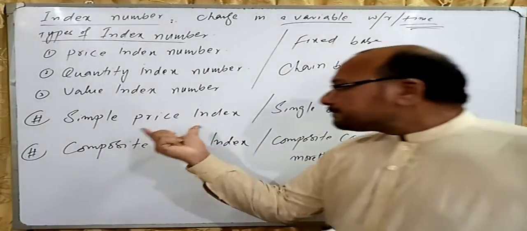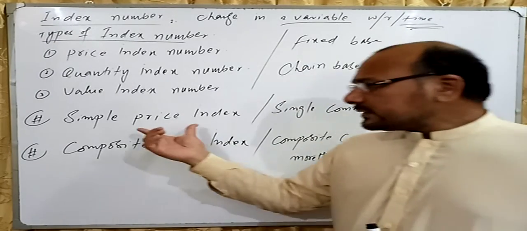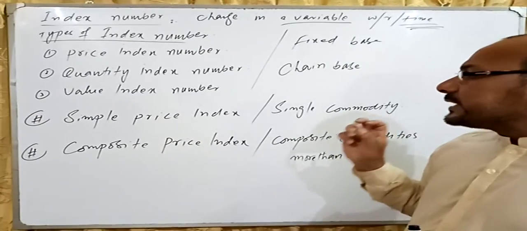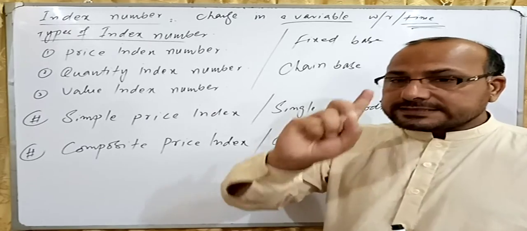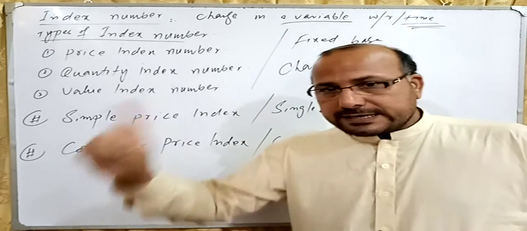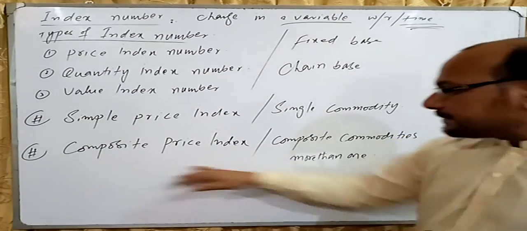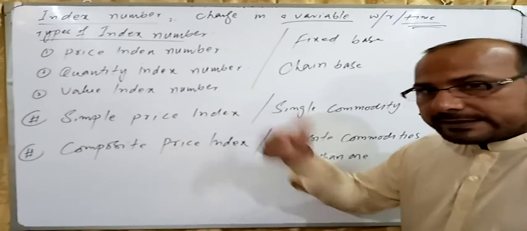After that, simple price index and composite price index. It is very simple. Simple price index is that particular price index which measures the change in the prices of a single commodity from one time period to another. And composite price index, we will study these types in the upcoming classes.